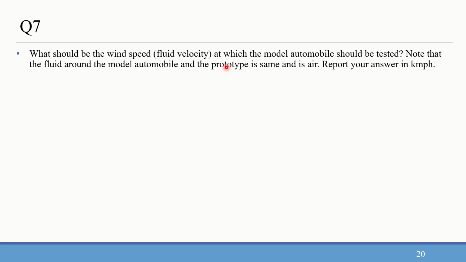So what is given? We are asking what is the fluid velocity at which the model automobile should be tested, and the fluid is the same. It is air in the model as well as the prototype. So we should answer in that.